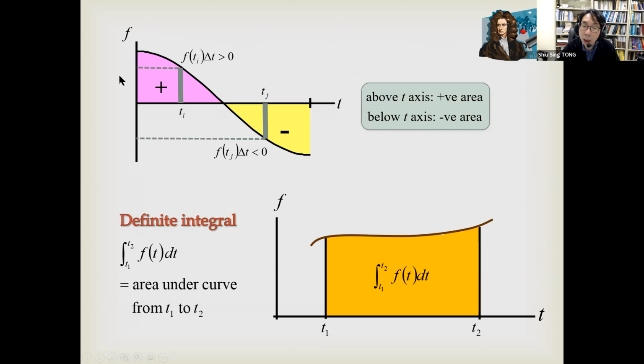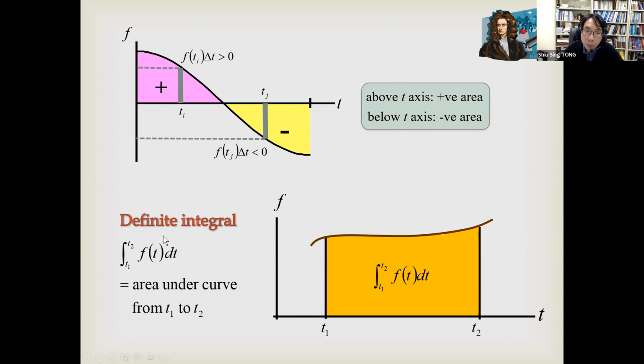If I integrate over the area above the t-axis, I get a positive value. If I integrate over the area below the t-axis, I get a negative value. And they might cancel if I integrate from the positive region to the negative region. So there may be cancellation of some of the area.